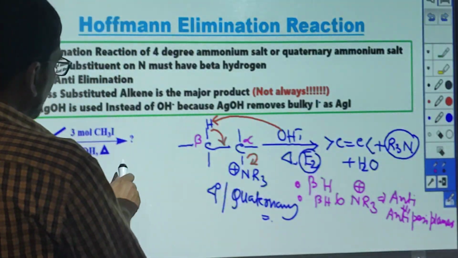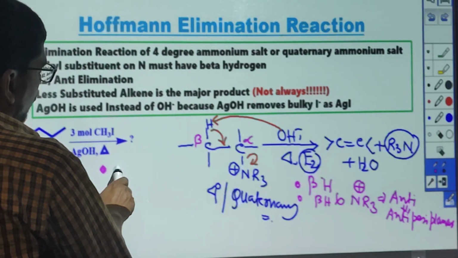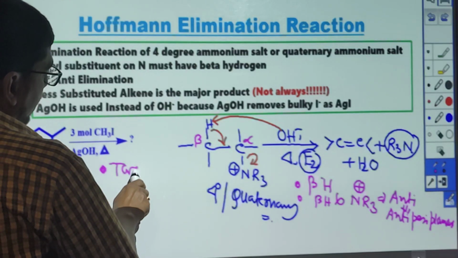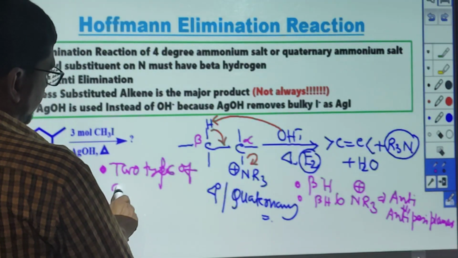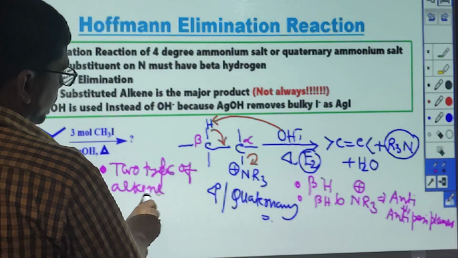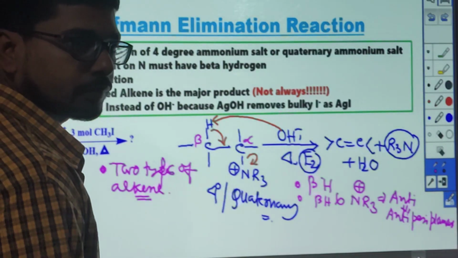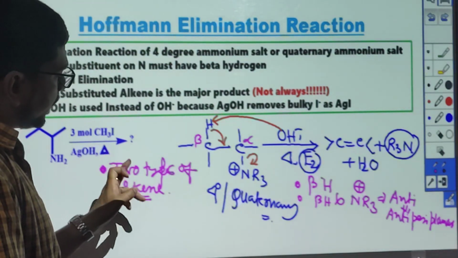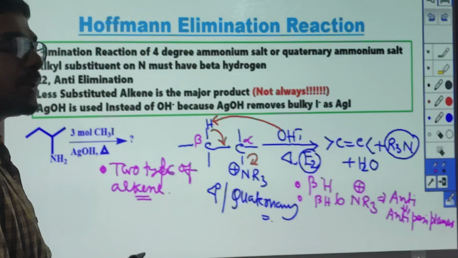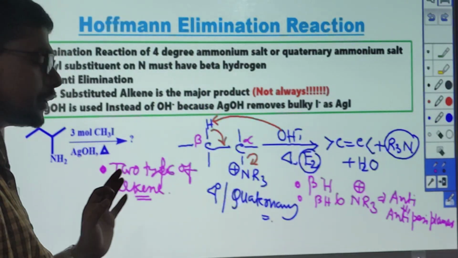Now we can get two types of alkene. We may or may not get them. If we get two types of alkene, it means there will be two beta hydrogens.